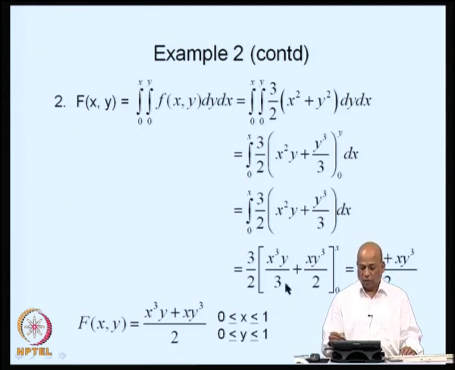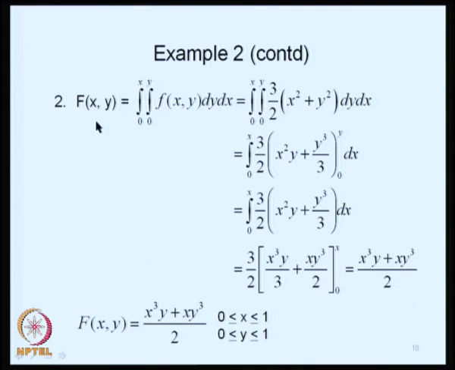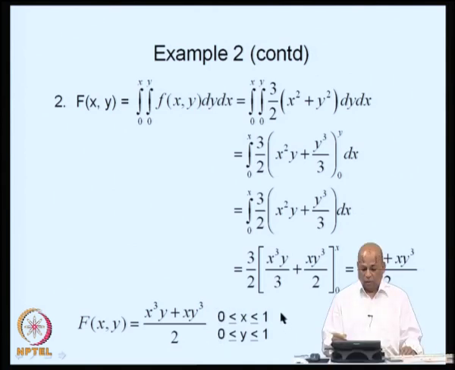Again, this is a very straightforward integration where you substitute these values and get the joint CDF F of x y as x cube y plus x y cube divided by 2. Remember, whenever we define either the joint PDF or the joint CDF, we must indicate the range over which the expression is valid, and it is understood that outside of this range the value is 0.